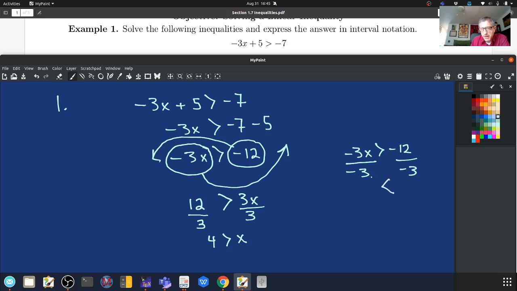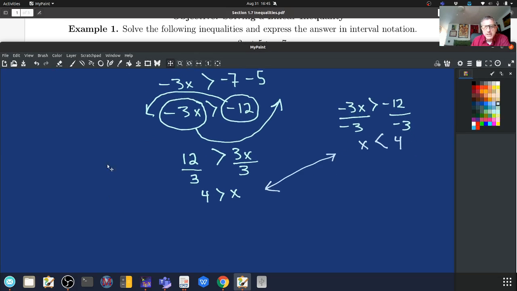Minus 3x divided by minus 3 is x, and minus 12 divided by minus 3 is 4. Notice these two answers say the exact same thing. If I say x is less than 4, that's the same thing as saying 4 is greater than x.